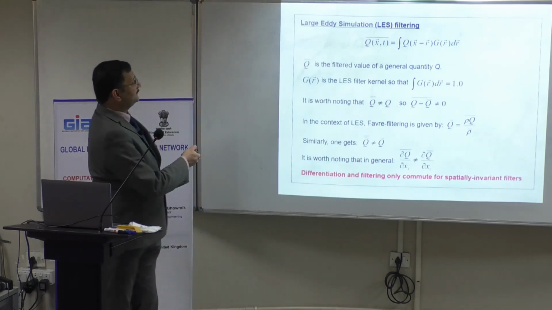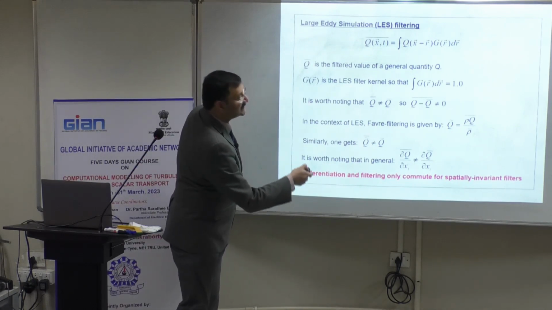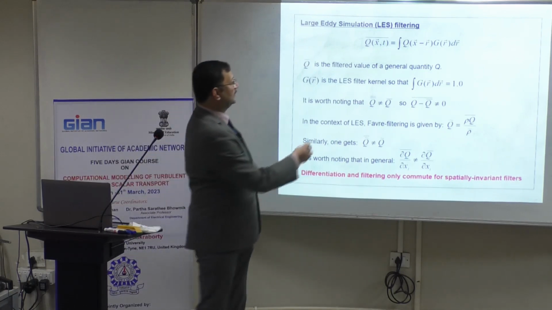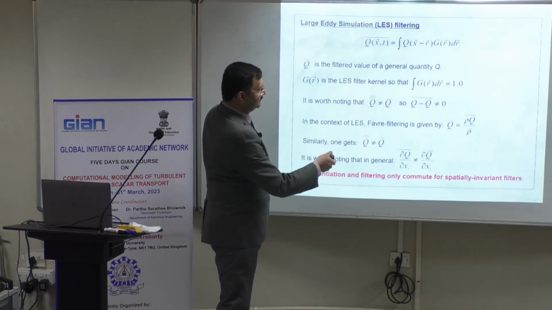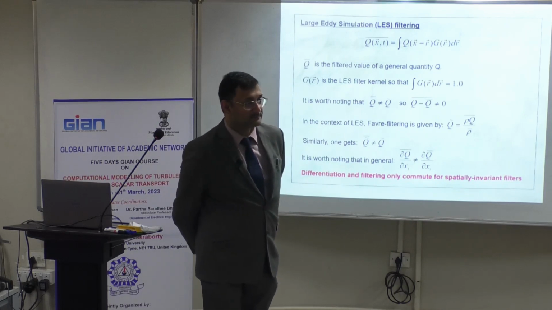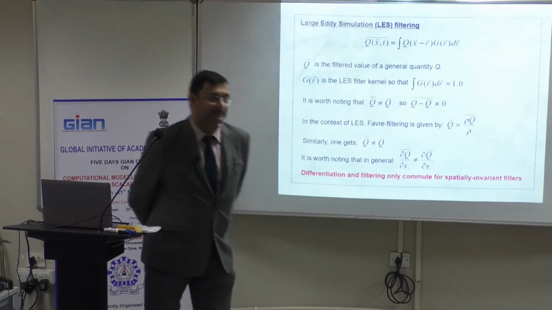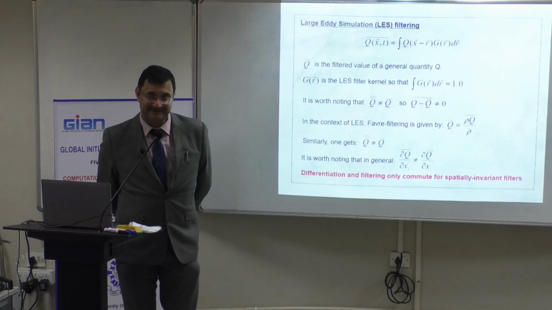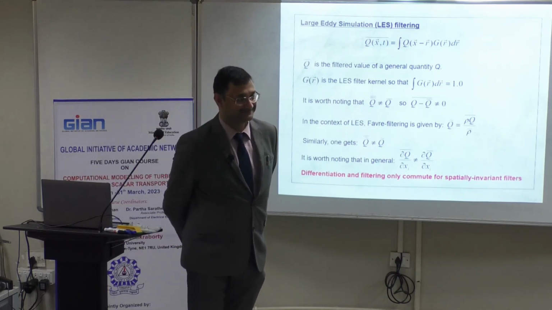This is essentially the filtered value. Here is the filter kernel with this normalization property. So if you integrate G(r) dr over r, it is going to give you 1. Okay? It might seem a little bit different because all the things that we talked about in the case of Reynolds averaging will no longer be directly valid anymore.